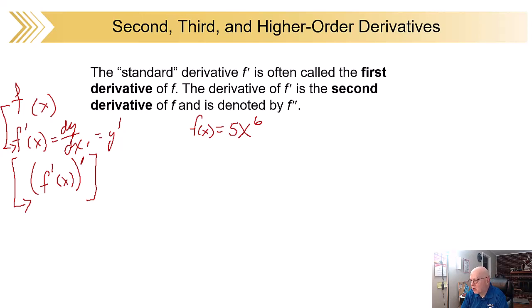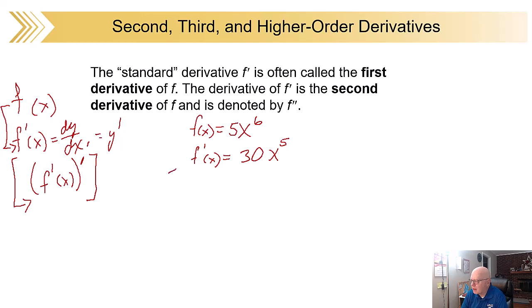If you do, you're maybe in good shape. F prime of x, the first derivative is what we'll call it now. Bring that 6 out front. You get a 30 for a coefficient. The 6 becomes 6 minus 1, or 5. And the first derivative, notice there's one accent mark up here, is 30x to the 5th.